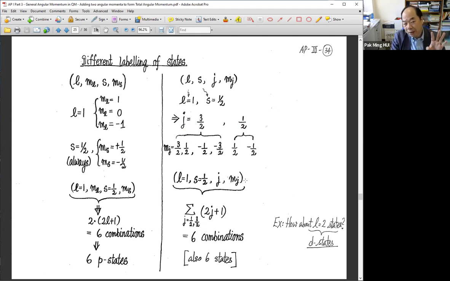For the more mathematically inclined student, this relabeling is actually carried out by linear combining these 6 states, resulting in 6 linear combinations. And they will be labeled differently by J and MJ.